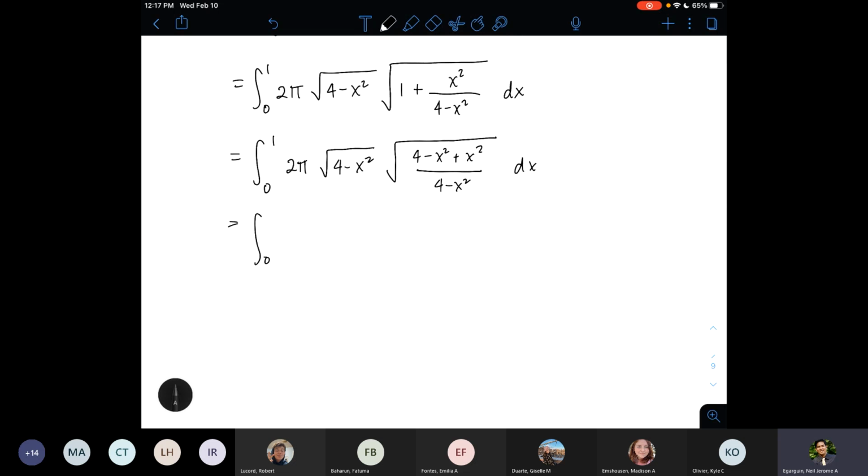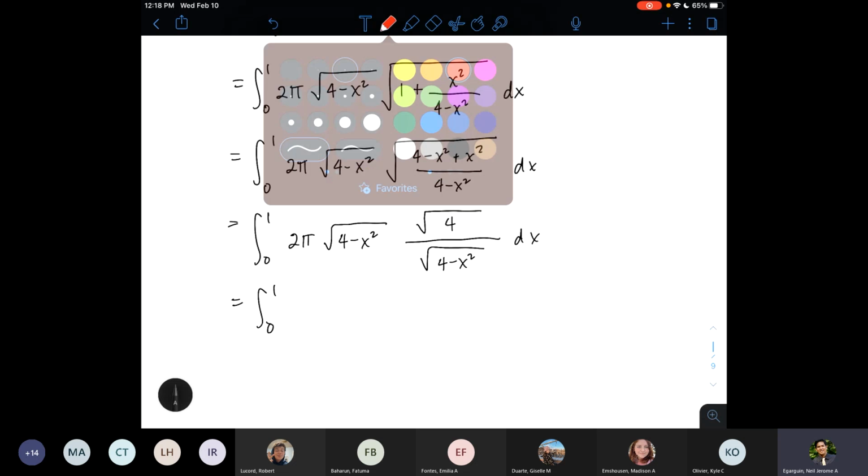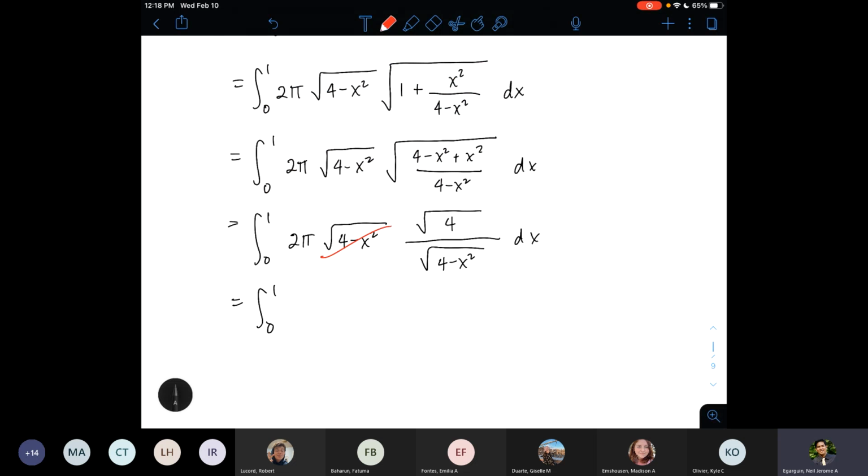And then I'll apply laws of exponents for the second radical. This would be root of what? Root of 4 over root of 4 minus x squared dx. Okay, and then from 0 to 1, this will be canceled by this one. And then root 4 is just 2.